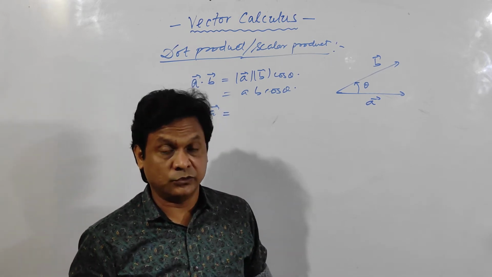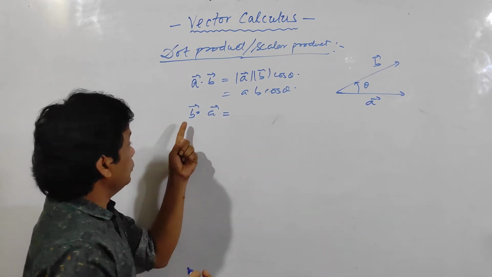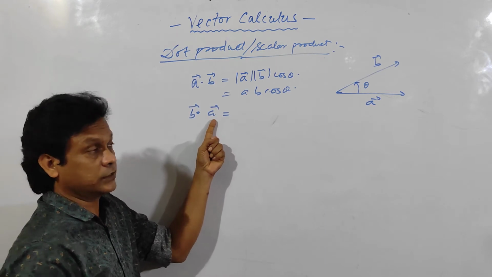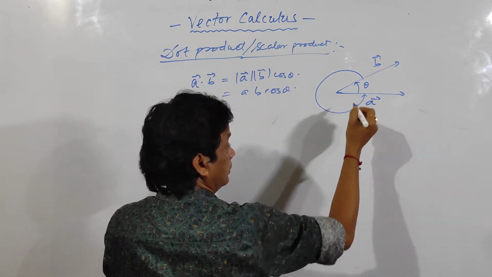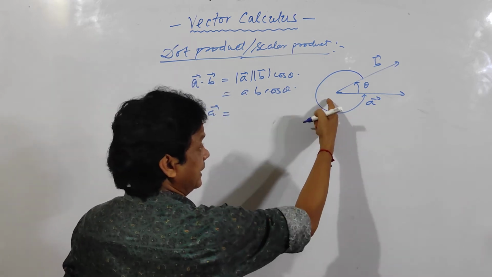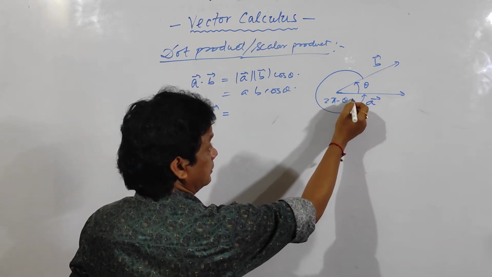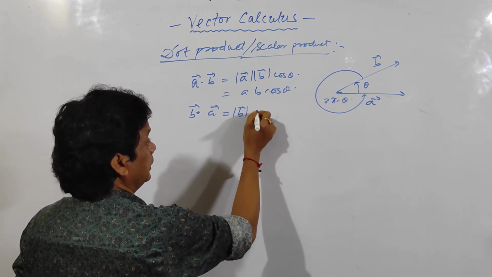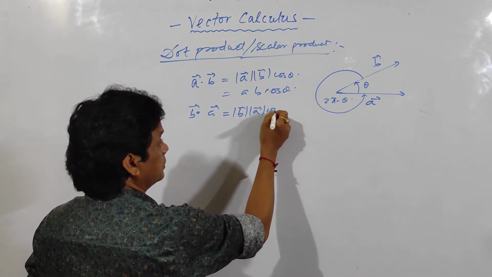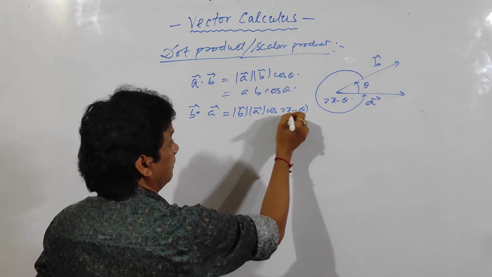BA cos theta? No. B dot A means you should move from B to A in the anticlockwise direction, and this angle is 2 pi minus theta. Clear? So the formula is mod B vector into mod A vector into cos of 2 pi minus theta.